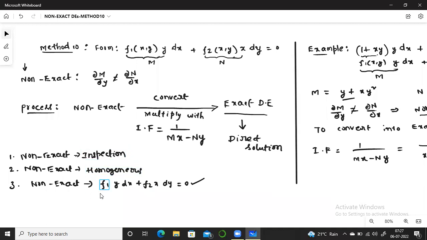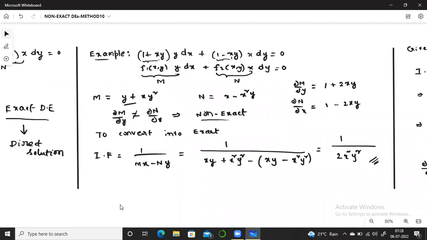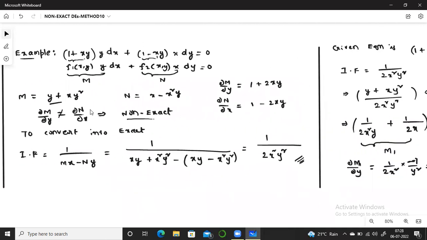If the given function is non-exact and available in this form, which form? This form: f1 function of x comma y dx plus f2 function of x comma y dy is equal to 0. If that is the case, you have to convert the non-exact equation to an exact equation by multiplying with an integrating factor called 1 over Mx minus Ny. I explained that with this example.